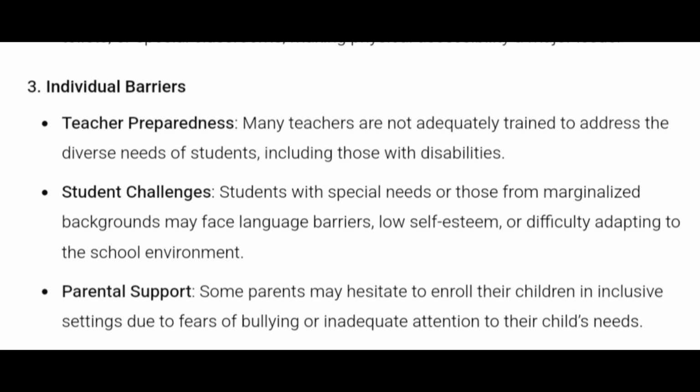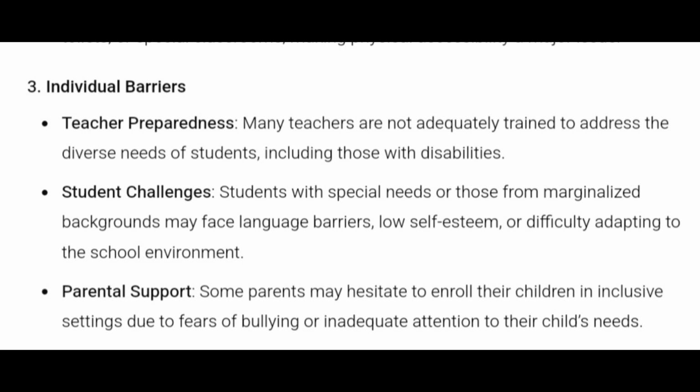So those children who are special children may be from a marginalized background with financial problems, with language problems, or they might have low self-esteem because their friends are not accepting them.